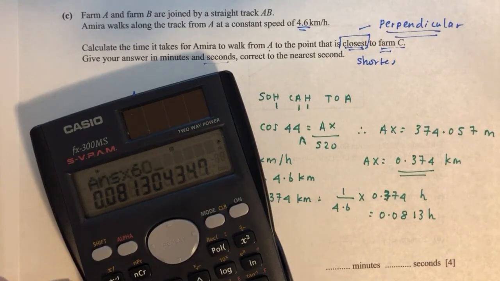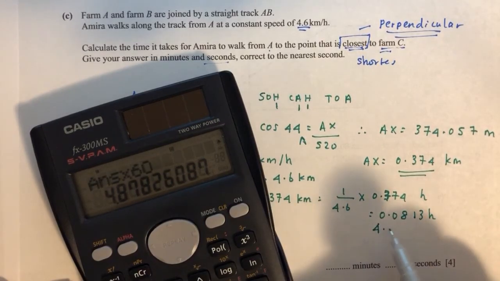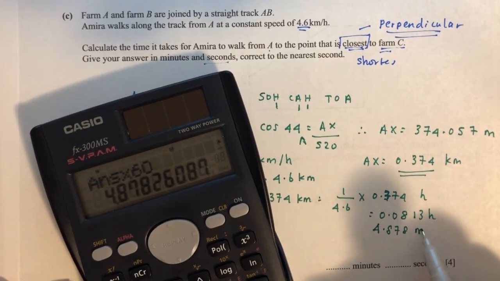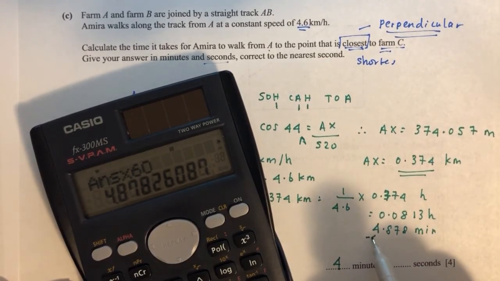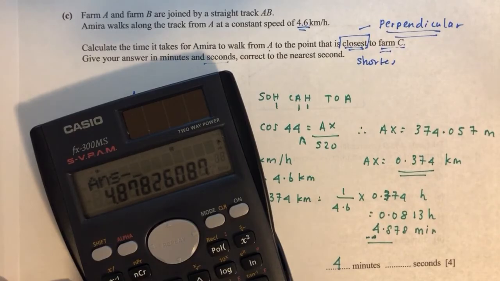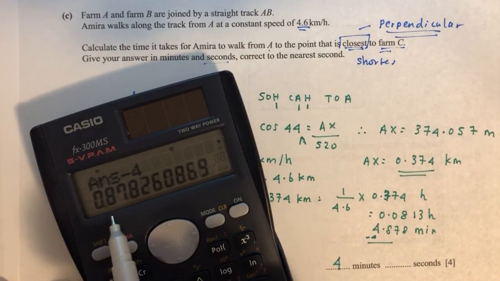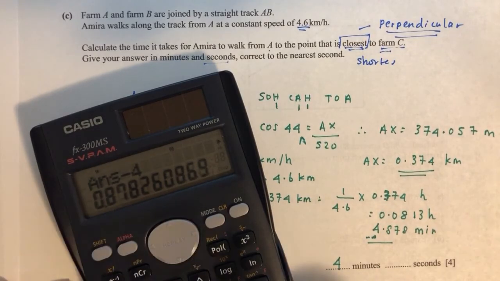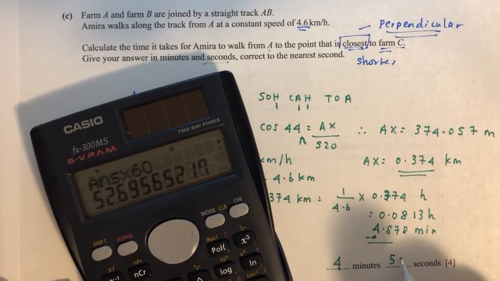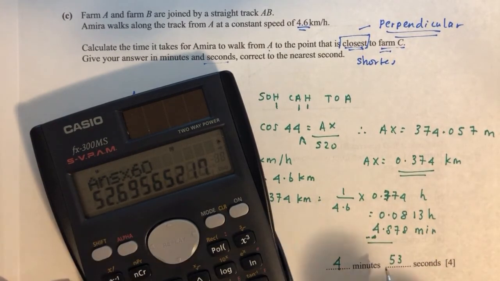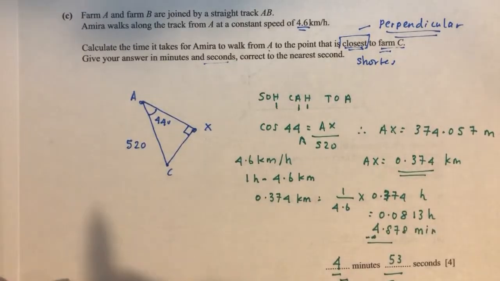If you times 60, it will become 4.878 minutes. We take the 4 minutes off, so we have 0.878 minutes. We times 60 to find seconds, and it will be 53 seconds, rounded up. So this will be your answer for part C.